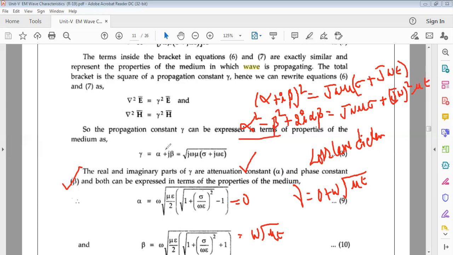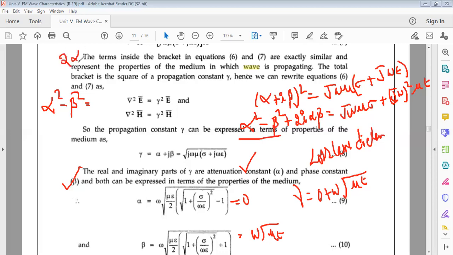So what is the real term on the left hand side? Alpha square minus beta square is equal to, and here j square is minus. Okay, here the j omega mu into sigma is for the alpha beta term.